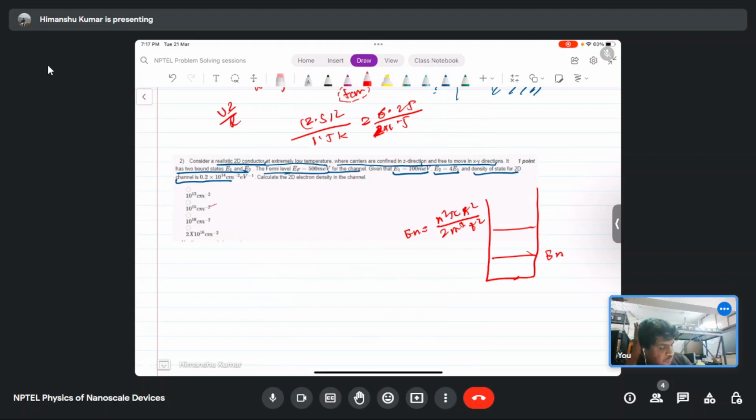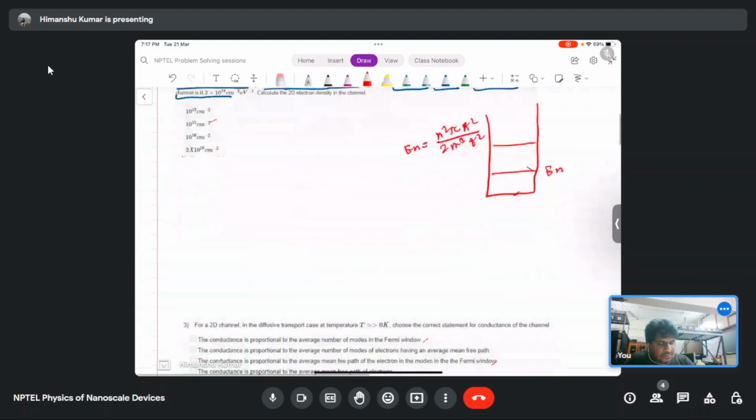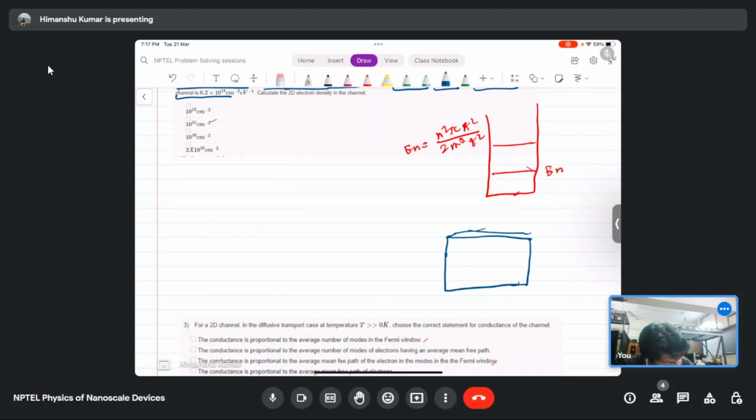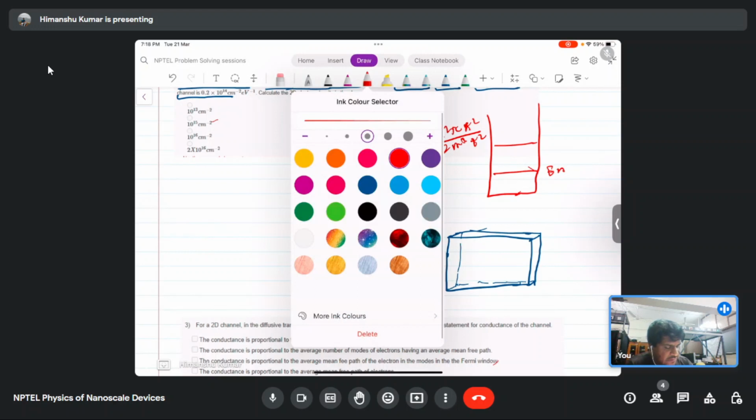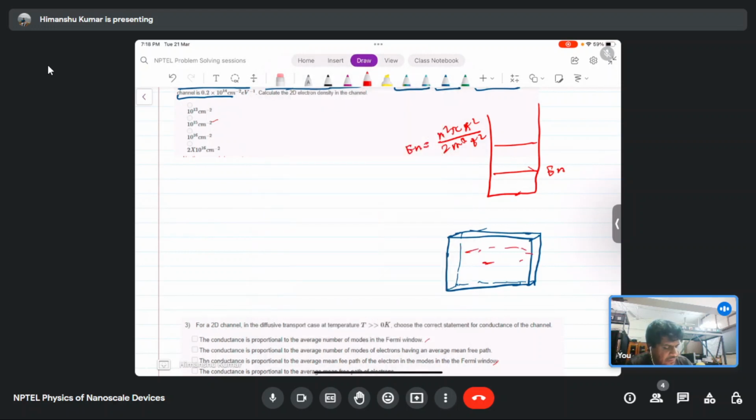But in case of the 2D confinement, consider a block of material, a 2D piece of semiconductor, which is confined in one direction. In this plane the electrons will be fully free, and in this direction the electron will be confined.